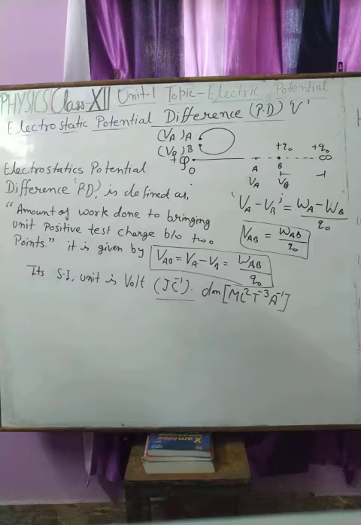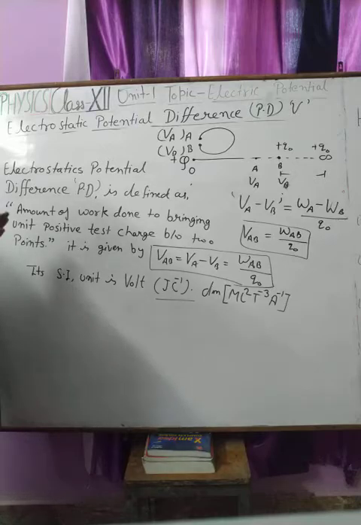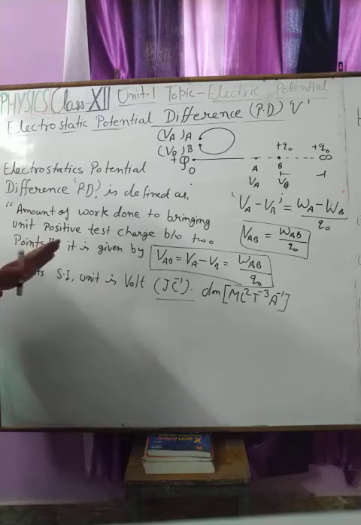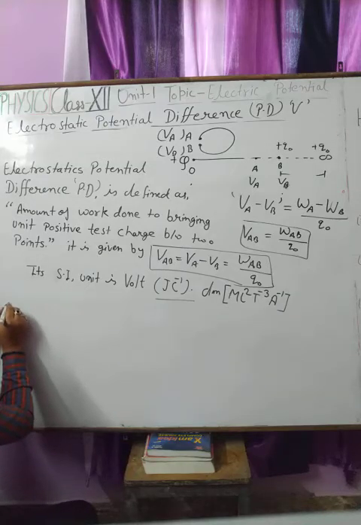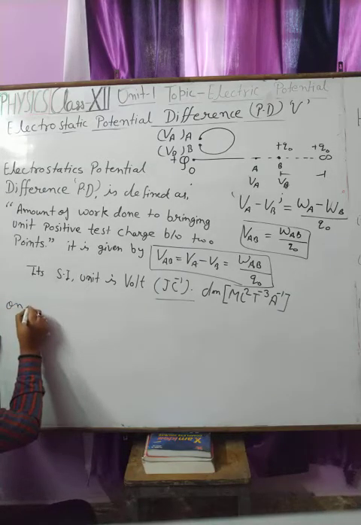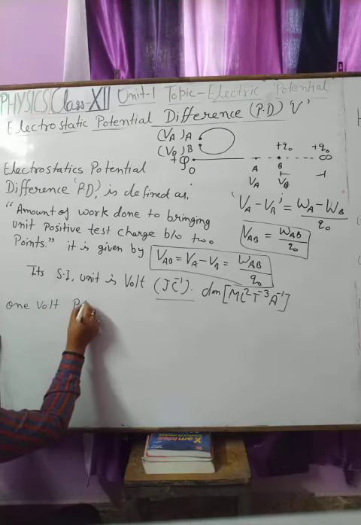Okay, and the unit of potential difference is defined as 1 volt potential difference.